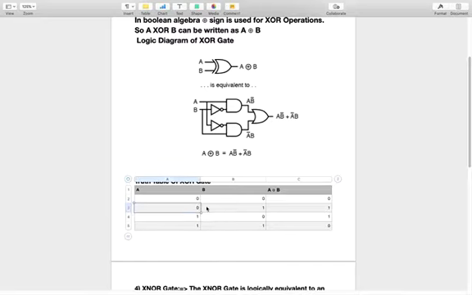Then we have 0 and 1, where one is 0 and one is 1, so the count of ones is odd and the output is 1. Again 1 and 0, the output is 1, and 1 and 1 gives 0. So when the number of input ones is odd, our output will be 1.